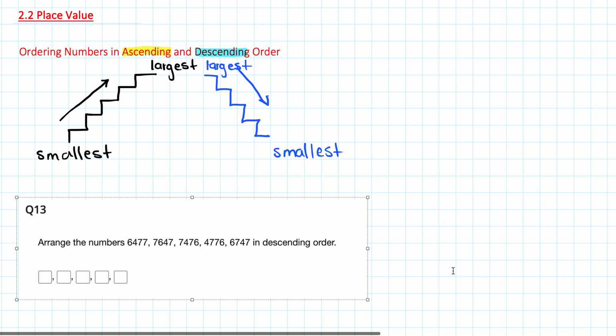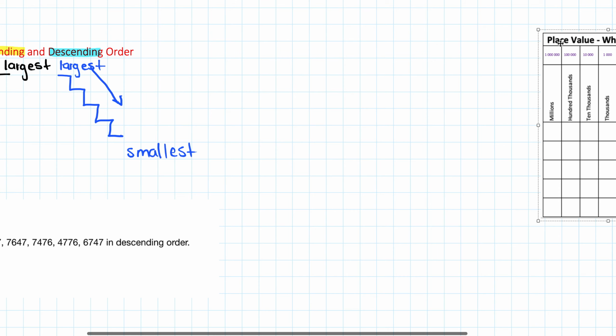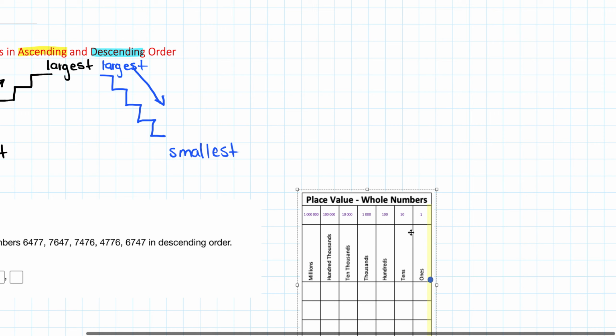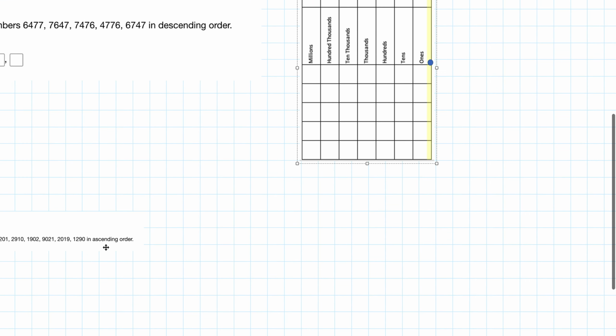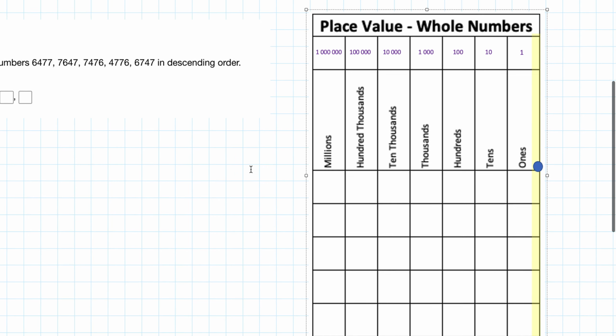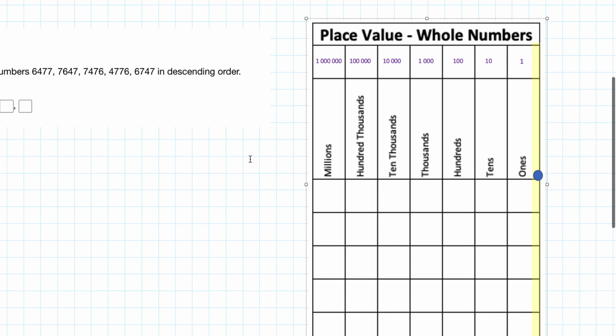I want you to draw in your book, when you're doing these exercises, your place value grid. By that, I mean this one. That's why we recommend that in year 7, you use a grid book to do your exercises, because it helps you with these type of things. So you're going to draw a place value grid like this one that we have here.